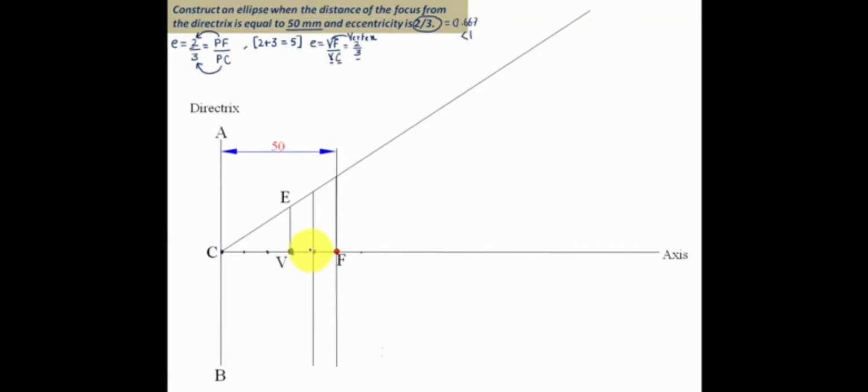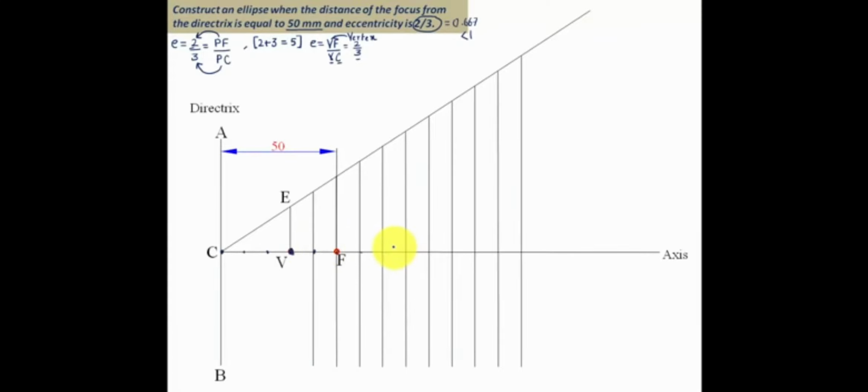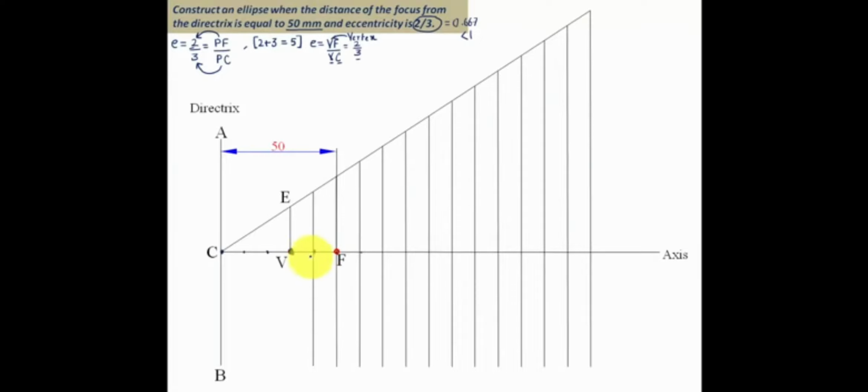So divide the axis 10, 10, 10 as much as possible. Now we take the point names 1, 1 dash, 2, 2 dash, like that. The axis point is 1, and on the slanting line CE it is 1 dash, and so on.